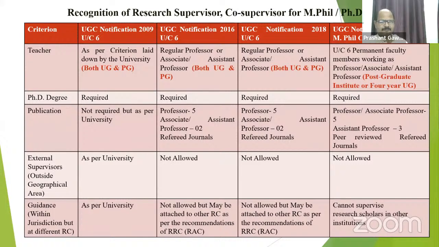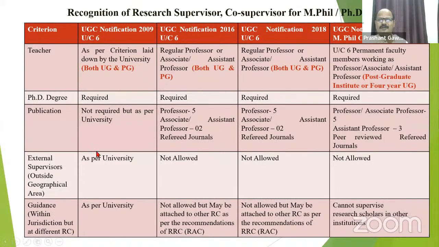External supervisors are those outside the geographical region of the university. That means the university jurisdiction, the boundary of each and every university, is mapped by the university acts from time to time, and that's why no external supervisor is allowed in 2022, 2018, and 2016.